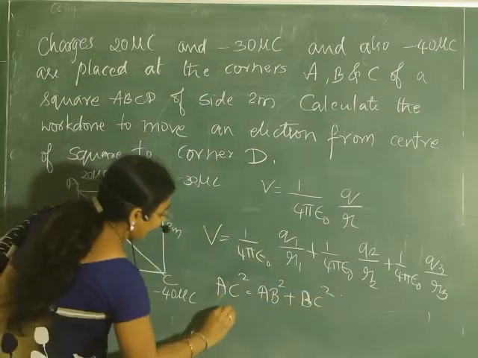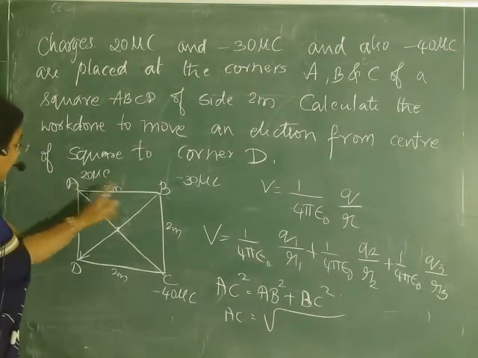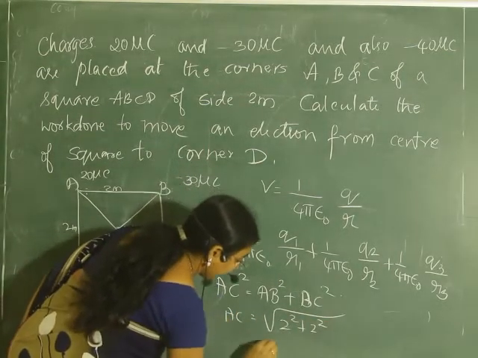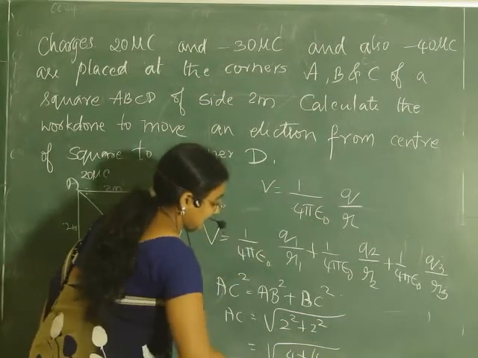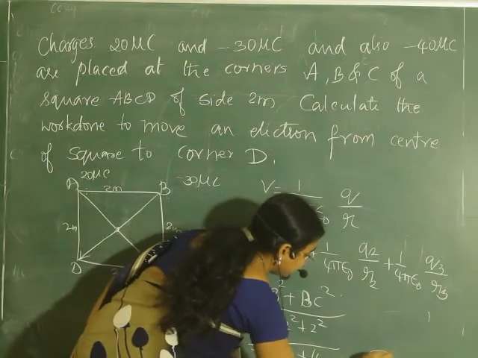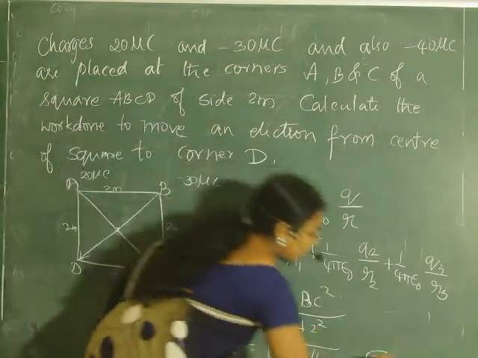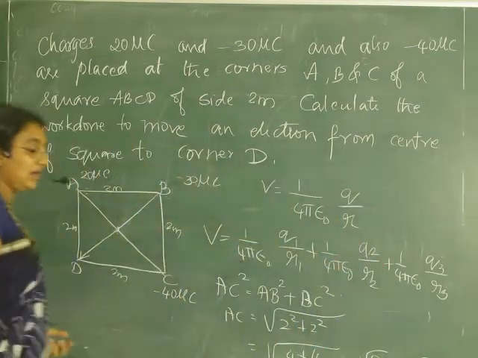Correct? So AC is equal to square root of AB square, that is 2 square plus 2 square, which is equal to square root of 4 plus 4, that is square root of 8. Square root of 8 is nothing but 2 root 2, because 4 twos are 8.